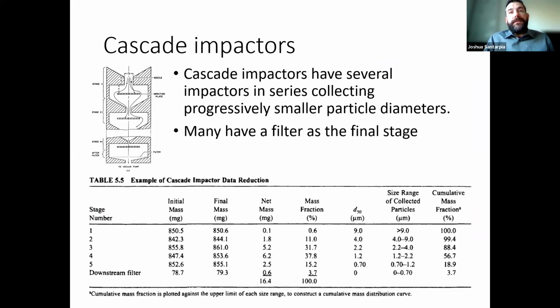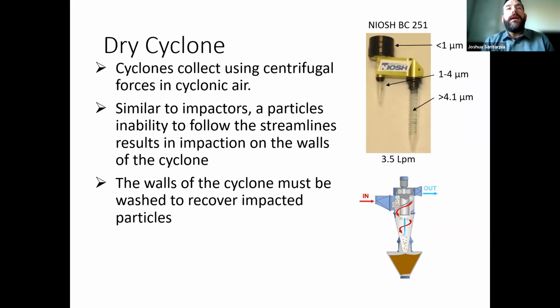Cascade impactors, again, just to dig this in: the Ciotis is one that's fairly common right now, as is the NGI, next generation impactor. These are all being used pretty routinely in bioaerosol study right now.